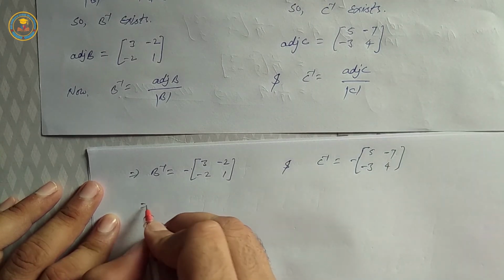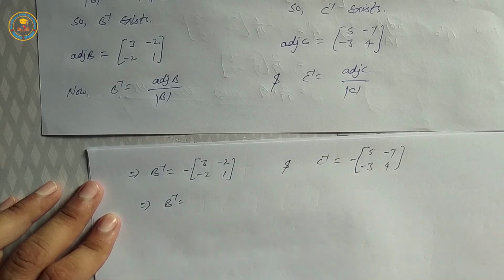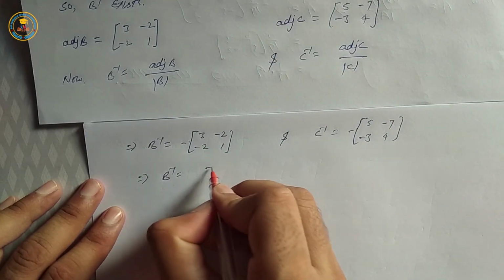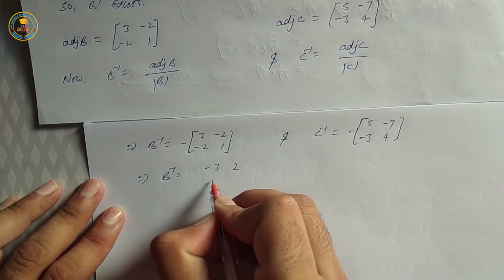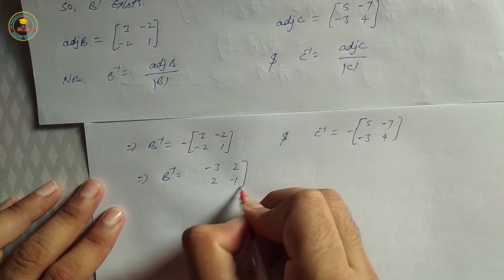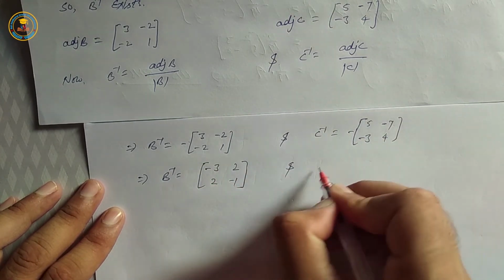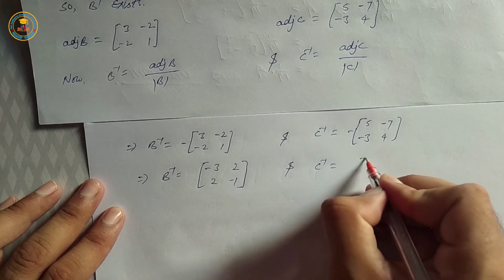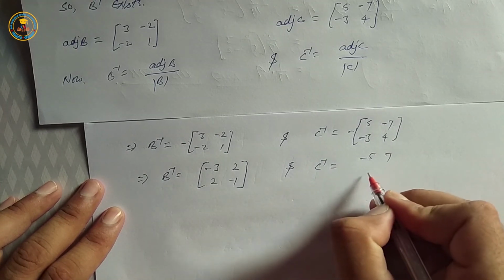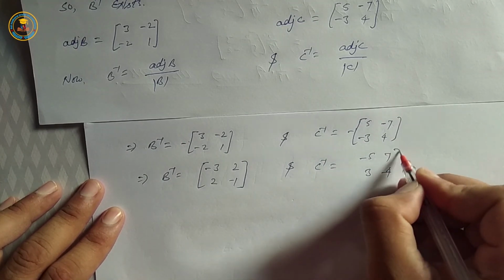Okay. Implies B inverse is equal to -3, 2, 2, -1, and C inverse is equal to -5, 7, 3, -4.